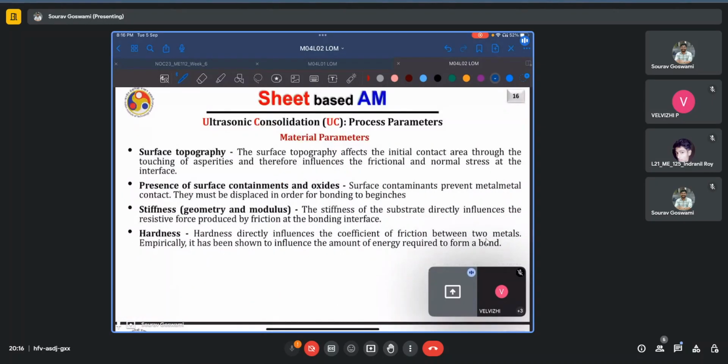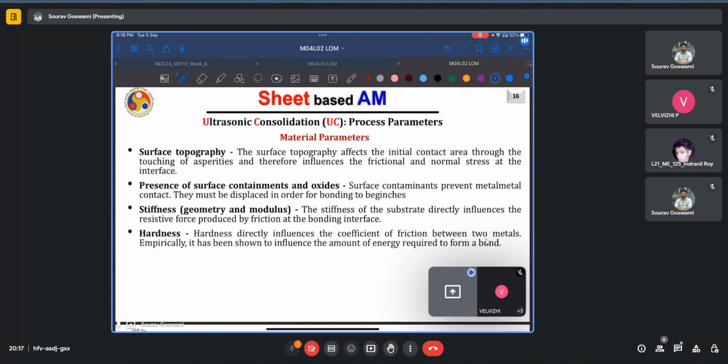The surface topography or the surface finish of the metal foil is another one. If it is not clean or if there are some contaminants present, even though the oxides can be removed by the ultrasonic energy, some contaminants may remain entrapped and influence the frictional characteristics as well as the final build. They may lead to some interlayer defects or even interlayer lack of fusion.